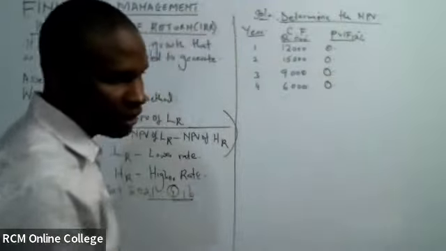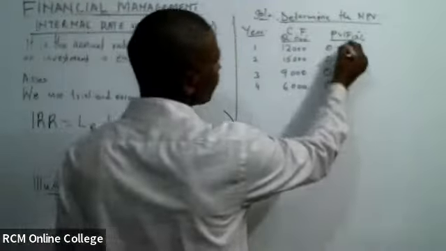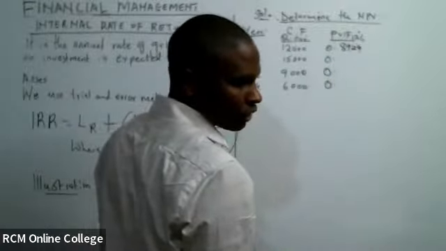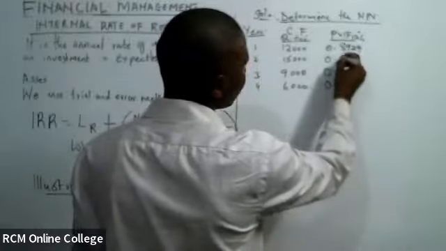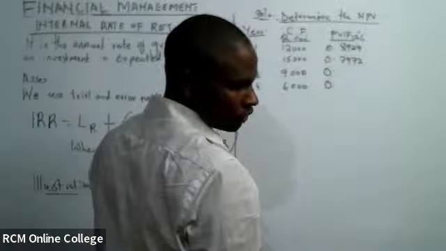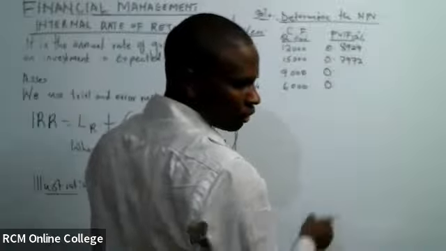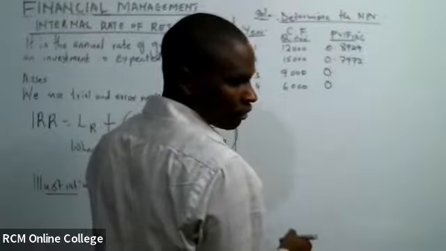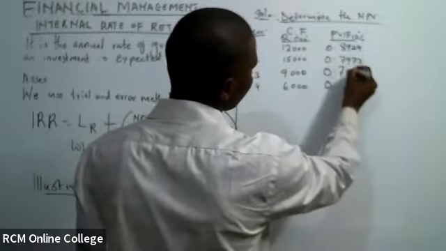Haya, fatia kwanza 89.29. Ya pili, tusonge. This is 79.72. Ya tatu 79.72, sawa. Ya nne, 71.18.